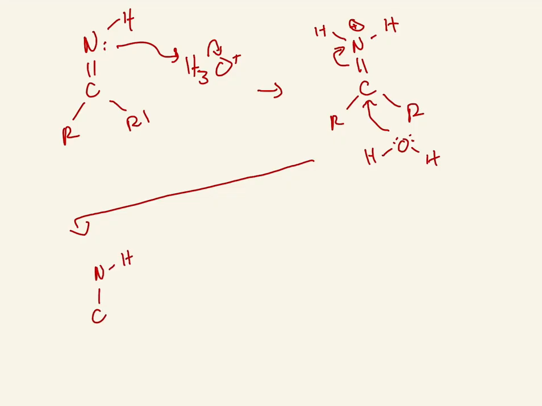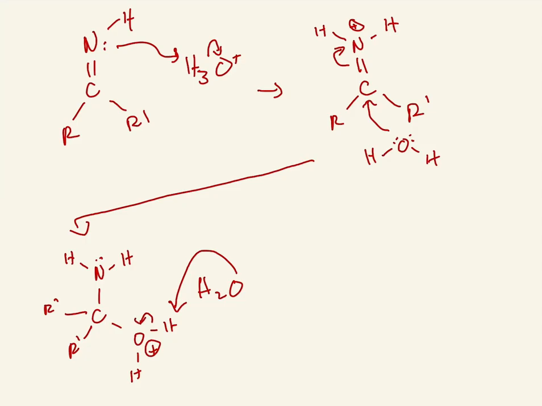This is going to be NH2 up here. We'll have R and R prime here, and then our positively charged H2O, which will then be deprotonated by another water molecule to regenerate our acid catalyst.